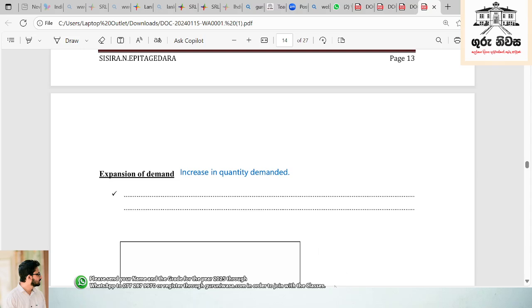Expansion in demand. Put a star marker right down. Expansion in demand.